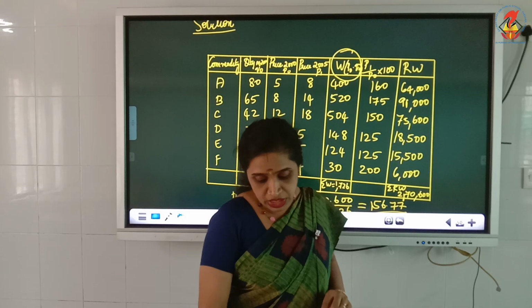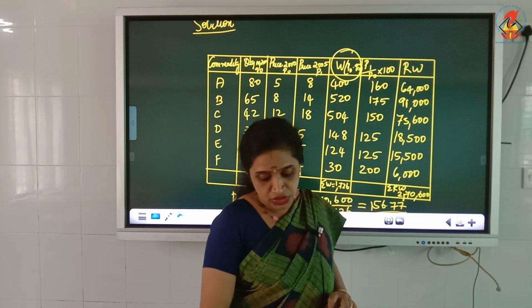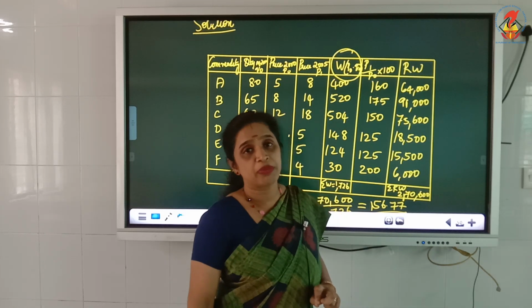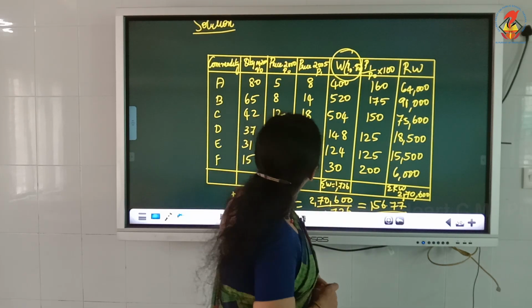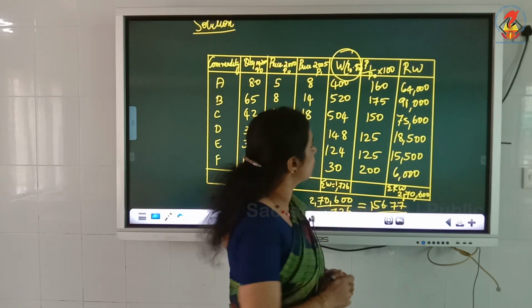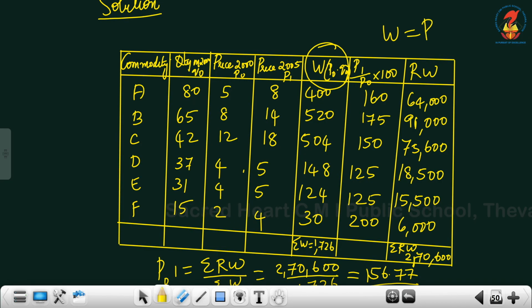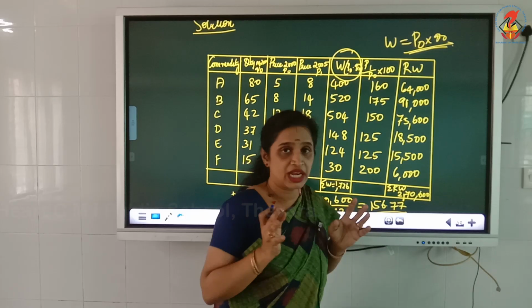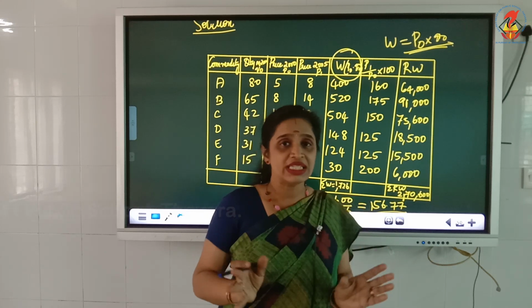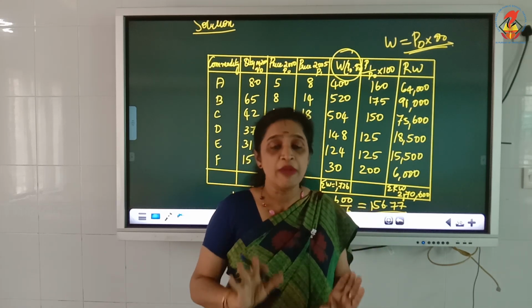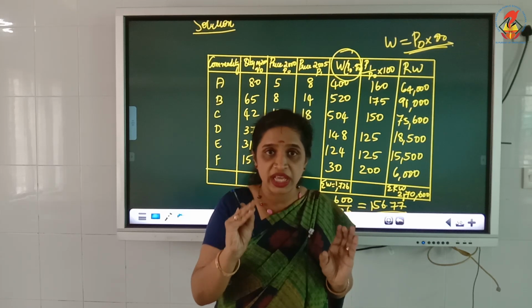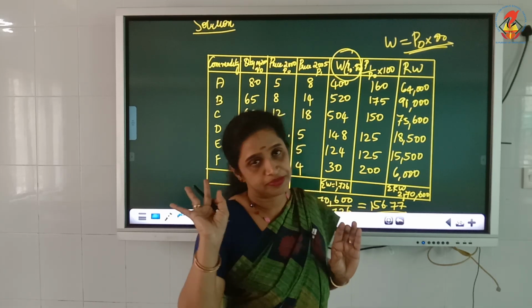What is meant by P0 into Q0? P0 into Q0 is the base year price into the base year quantity. So weight is base year price into base year quantity. As per this formula, in the weighted average of price relative method, the weight W is found by using P0 into Q0, which means the price of the base year into the quantity of the base year.